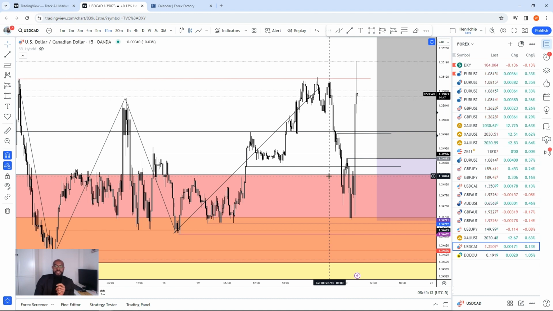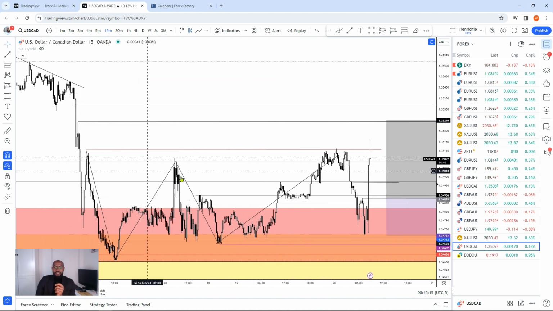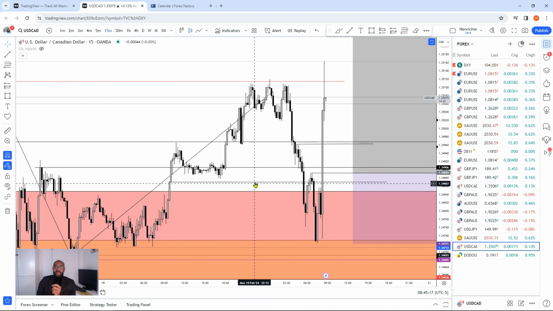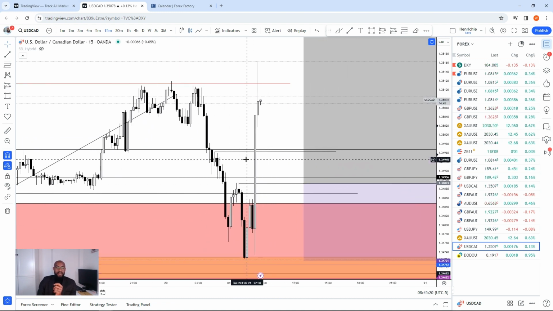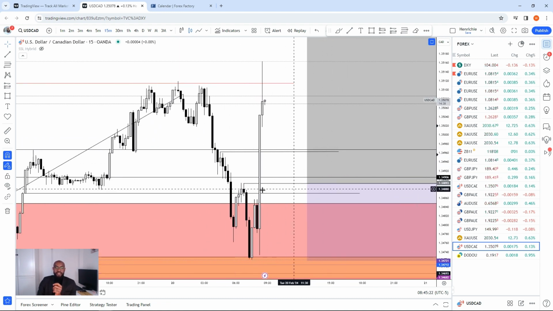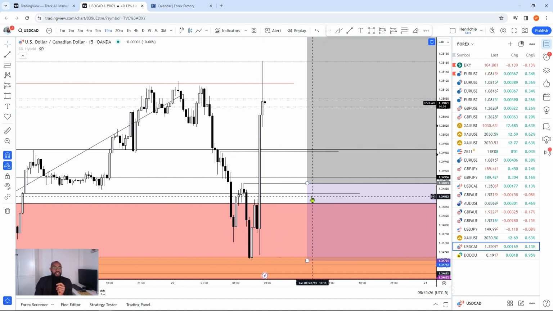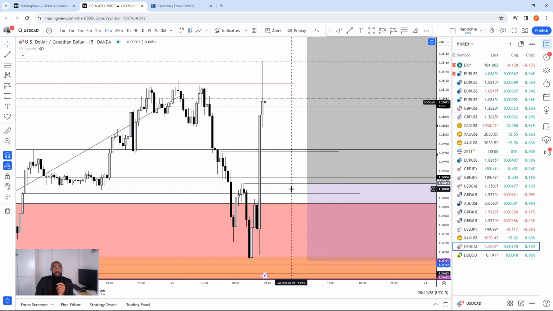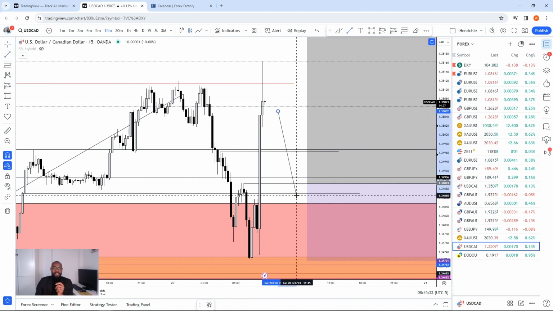So on the 15 minute time frame, we've not closed above this high, but we're going to be watching this zone very, very closely because if we're going to be bullish, then I would like to see a retest here.